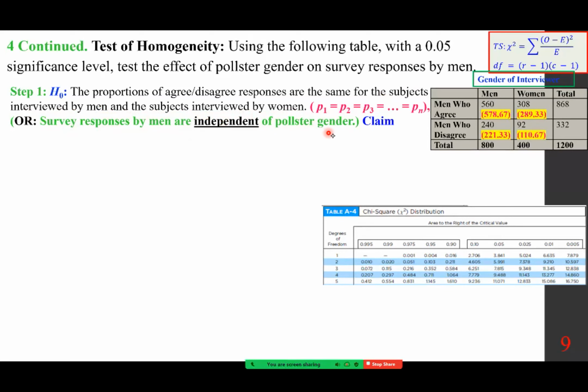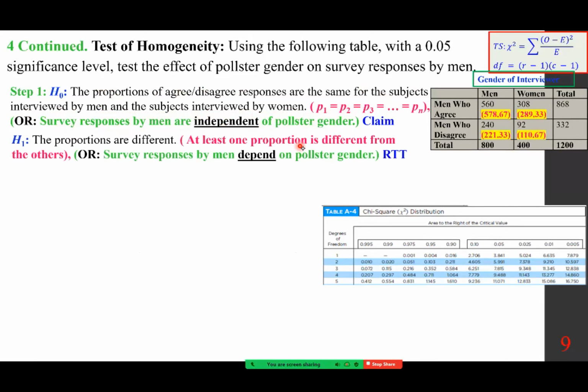You don't have to write both of them, but you need to understand this means this. And that's the claim. What is H1? The proportions are different. At least one proportion is different from the others, or corresponding to this one: survey responses by men depend on poster gender, which makes it a right-tail test.